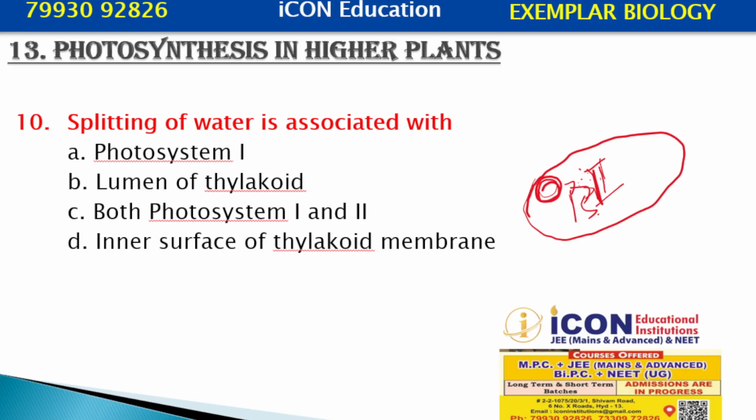If you look at the options, PS1, no. Lumen of thylakoid, no. Both PS1 and PS2, no. Inner surface of thylakoid membrane, yes, because PS2 is present at the inner surface of the thylakoid membrane. So option D is correct. Splitting of water molecule is associated with PS2.